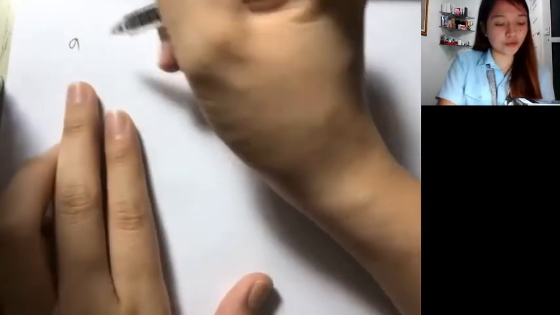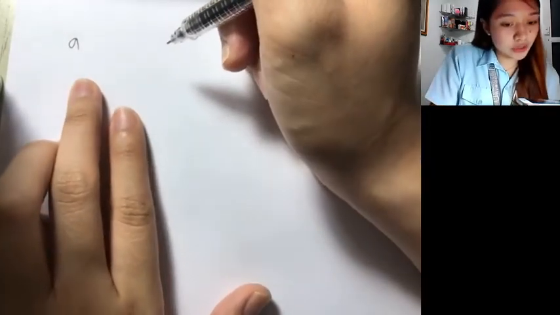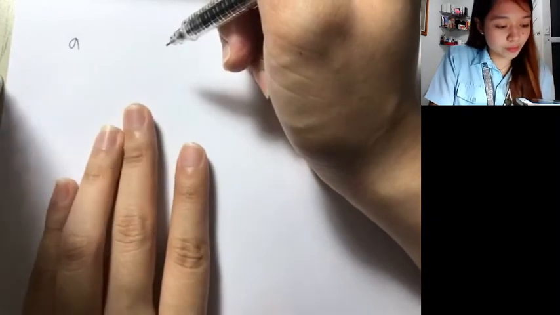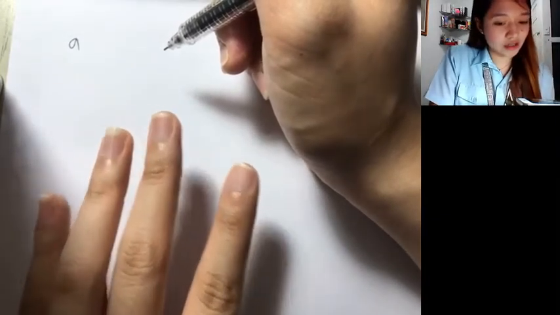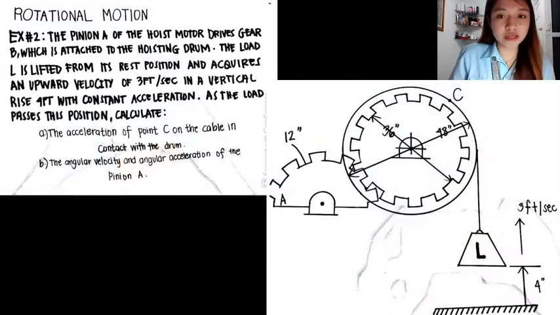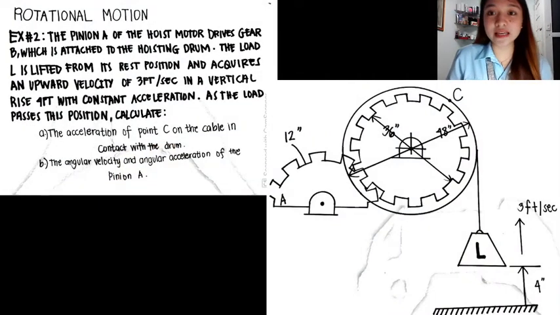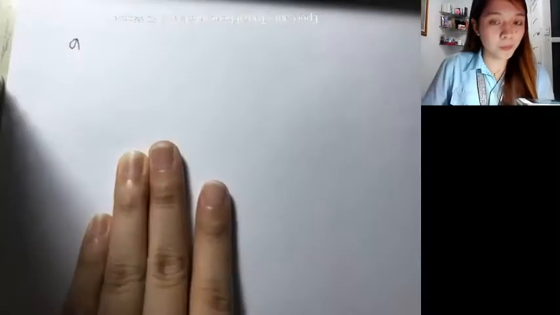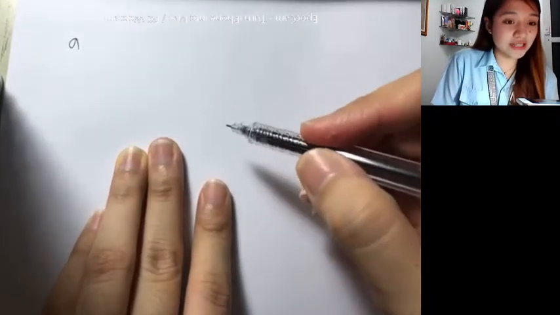Let's start with letter A. When the cable does not slide on the drum, the vertical velocity and acceleration of load L, which is this one in the figure below me, are necessary.